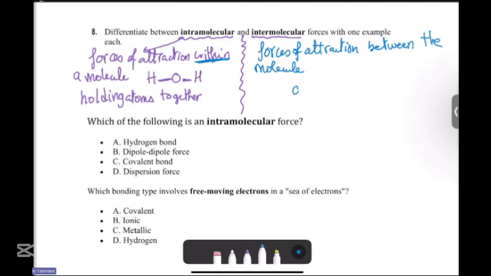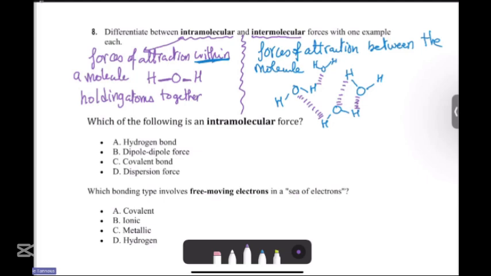So if I have a molecule of H2O and another neighboring molecule of H2O and on and on, the intermolecular forces that we're talking about are the ones that I am drawing in dashed lines. These are the forces of attraction.